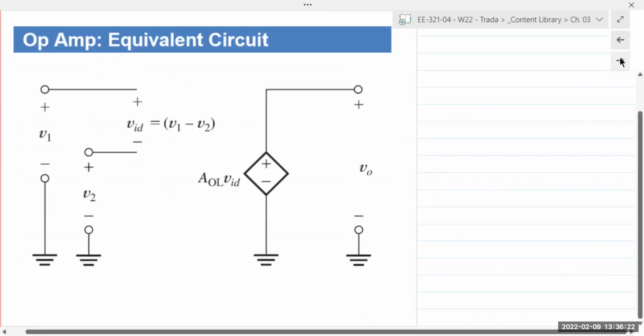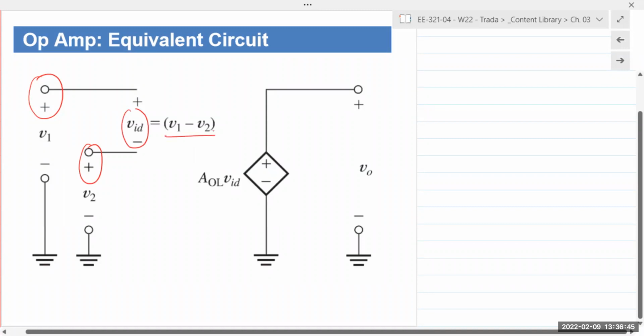Okay, so the equivalent circuit of an op-amp can be described as follows. You have the non-inverting input V1 and the inverting input V2. The actual signal going into the op amp is the difference of the two, so it's V1 minus V2 on the input side.